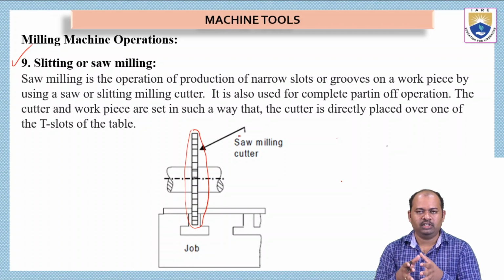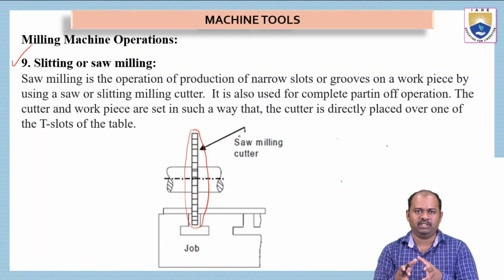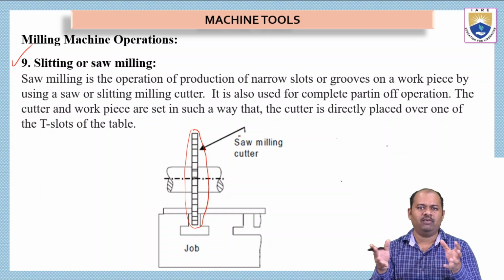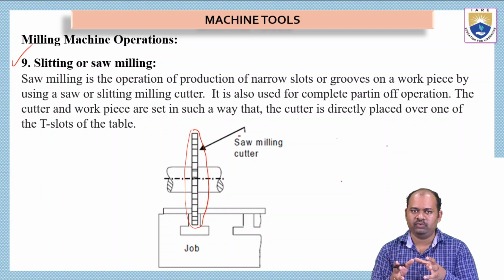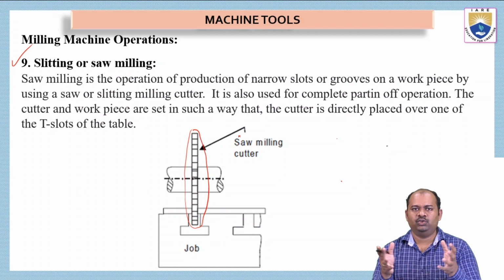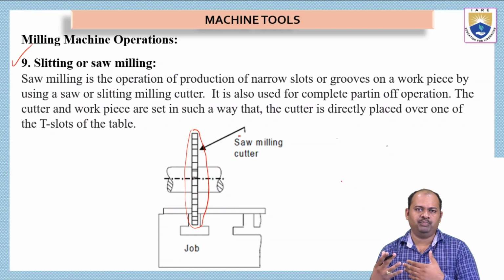Similarly, we can use the same saw for cutting metals also. This is not a general procedure for cutting metals. We have other techniques which are more effective, but this process can also cut the metal into two pieces where there is no loss of metal, whereas other milling processes will remove a large amount of chips.